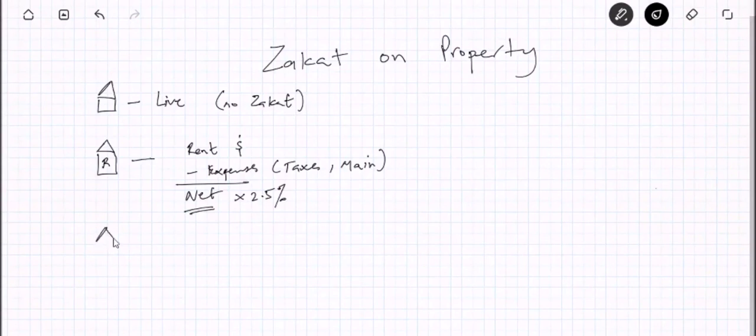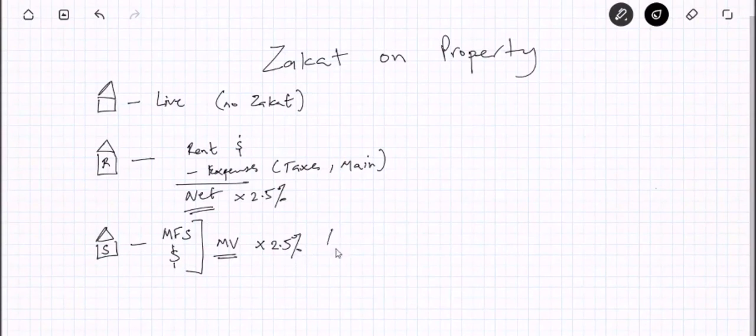The third one is, let's say you have a house that's for sale, or you've sold it and you actually have the cash. In these two options, whatever the market value of that property is, you have to pay 2.5% on that.